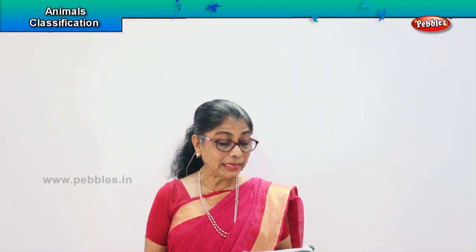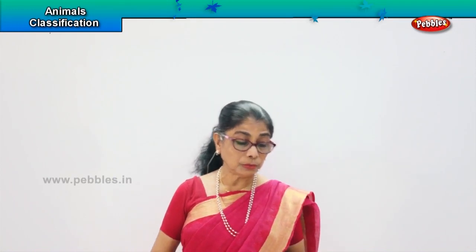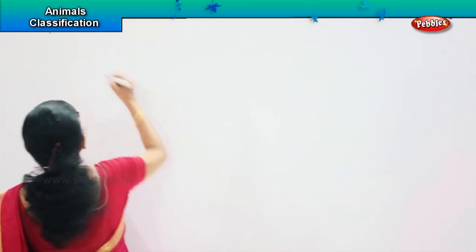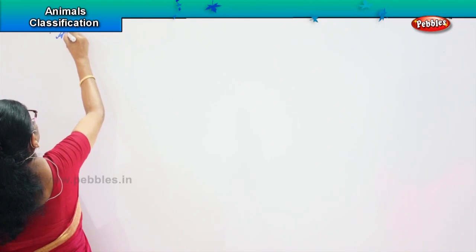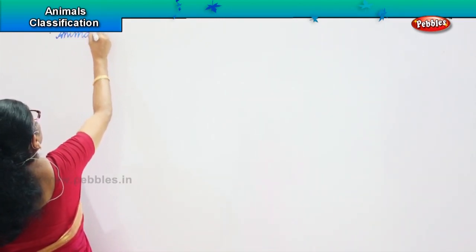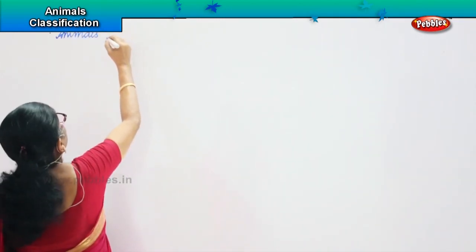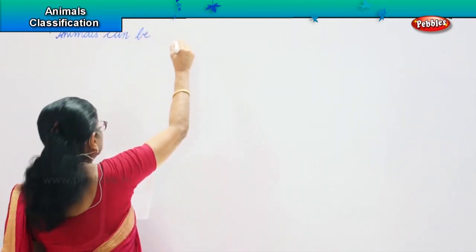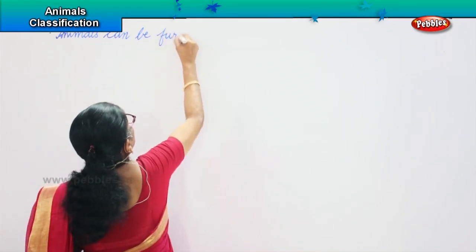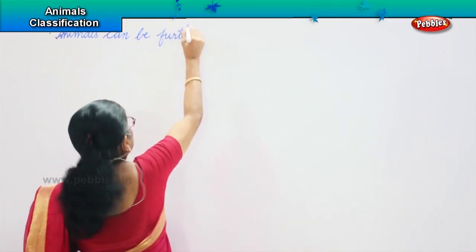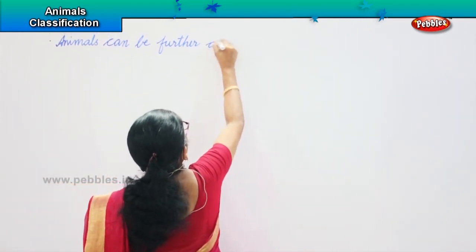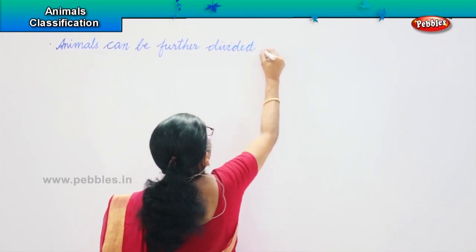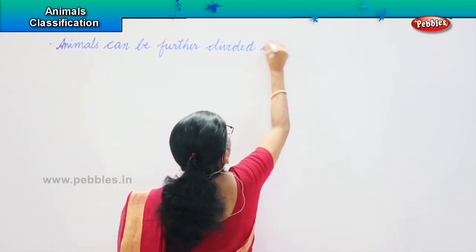Animals can be further divided into what? Animals can be further divided into... And what are they?